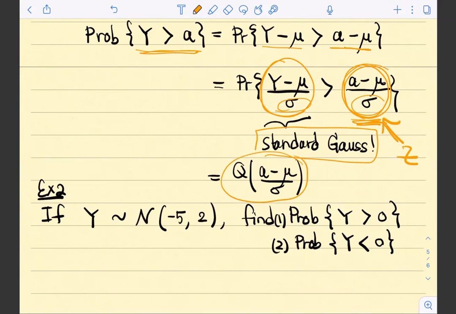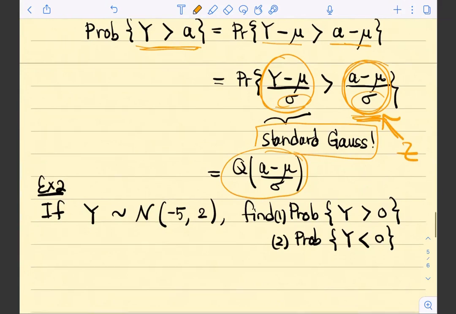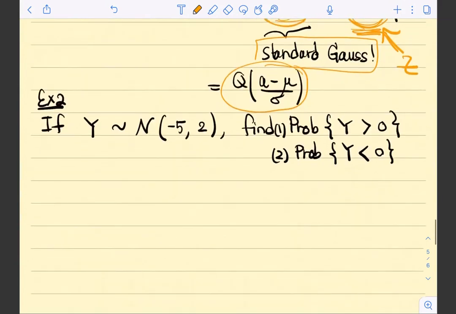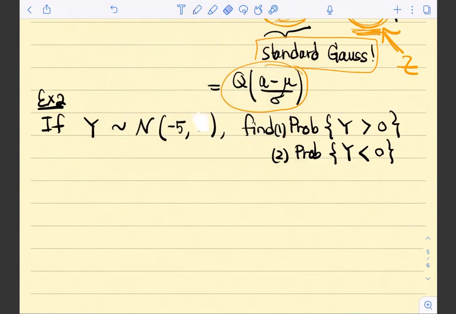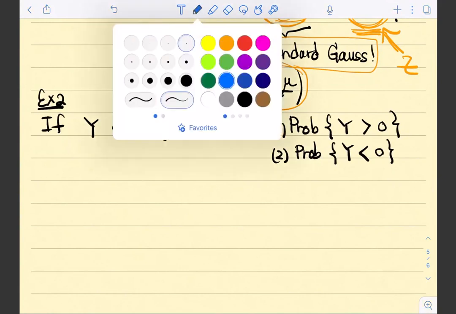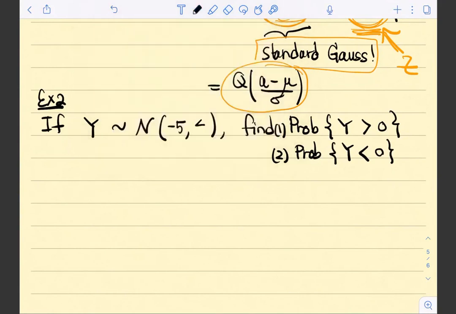Okay, so let's do another example. Let's say Y is some non-standard Gaussian. The mean is equal to -5, variance is equal to 2. Oh, let's make things a little bit easier. I'm sorry, so let's change this. Let's say the variance is equal to 4.